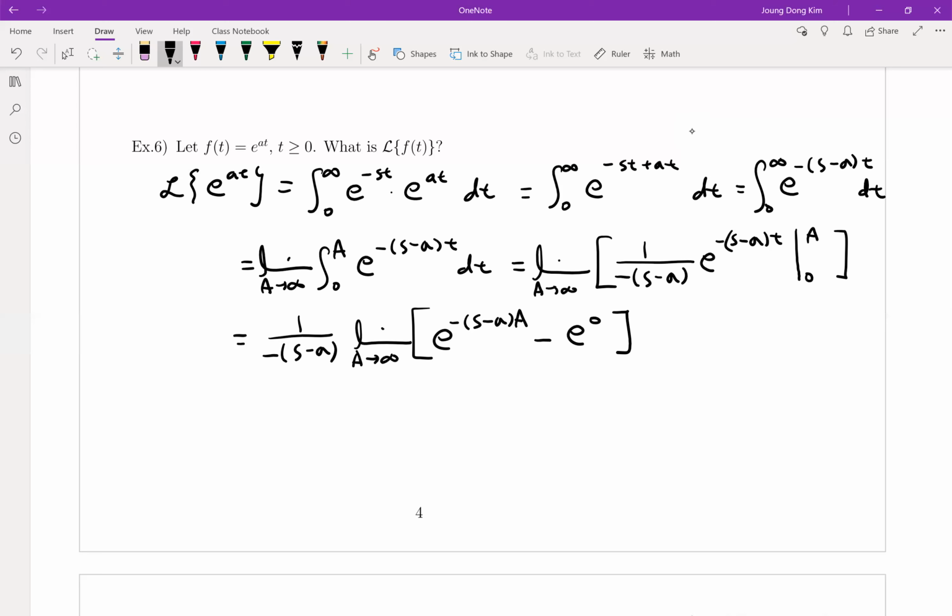Since this equals 0, by taking the limit, it is equal to 1 over s minus a when s minus a is positive, or we can say s is bigger than a, okay? And this is the way to derive the Laplace transform of the exponential function, okay?